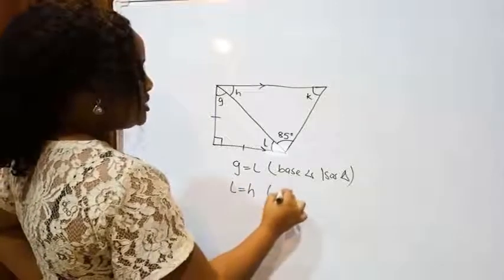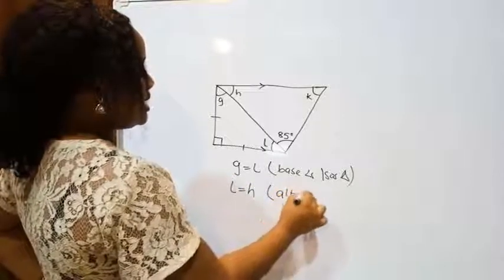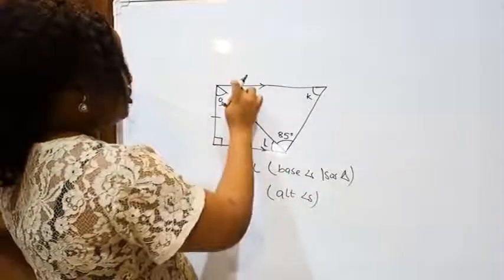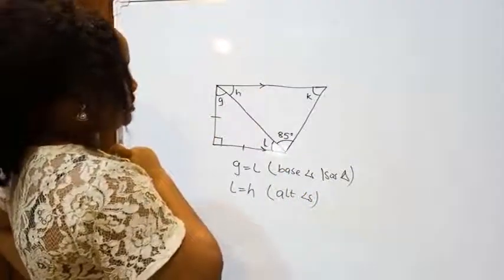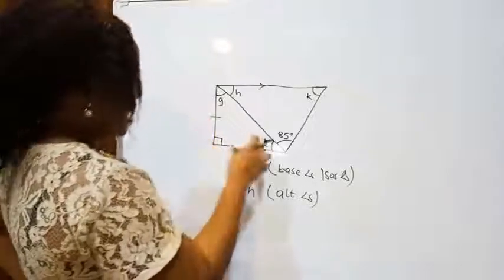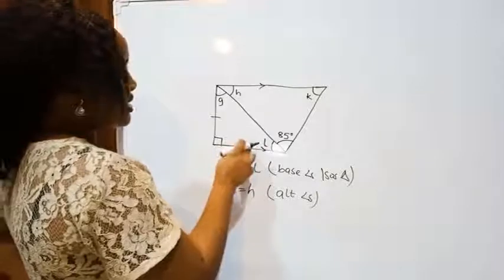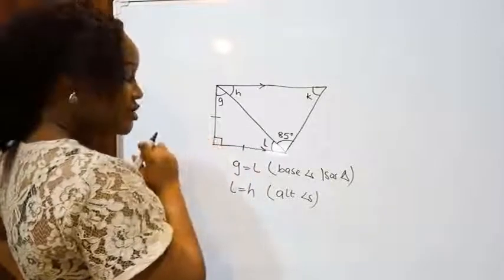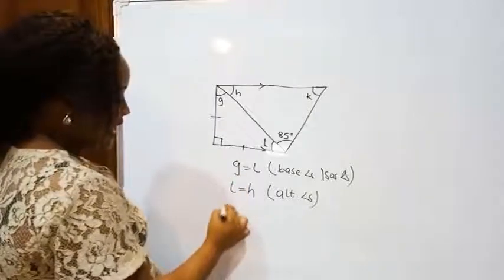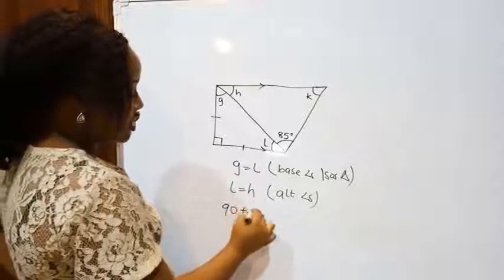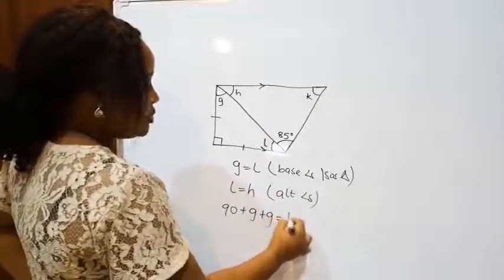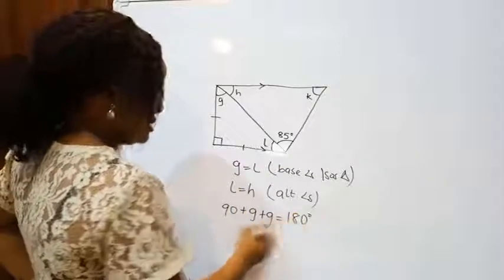And the reason being what? Alternate angles. Okay, I hope you remember from our previous video. Alternate angles. So now let's try solving for our G and L. Since this is an isosceles triangle and we have this angle to be 90 degrees, we can find our G and L. So we can say 90 plus G, because G equals L, equals 180 degrees.